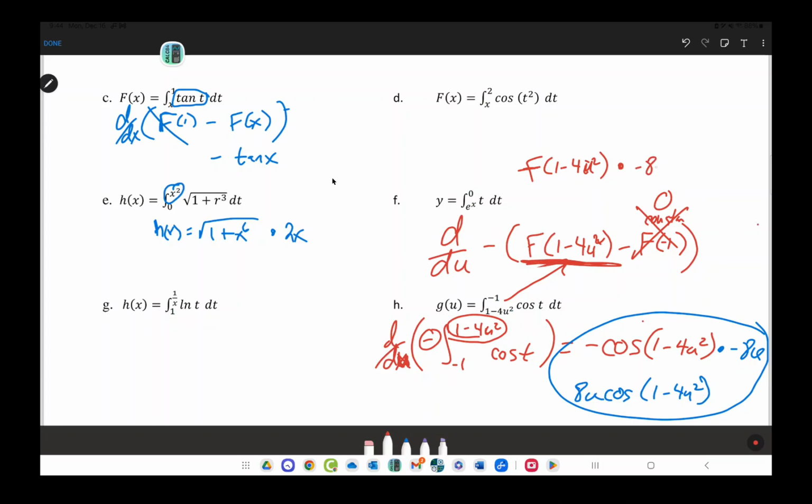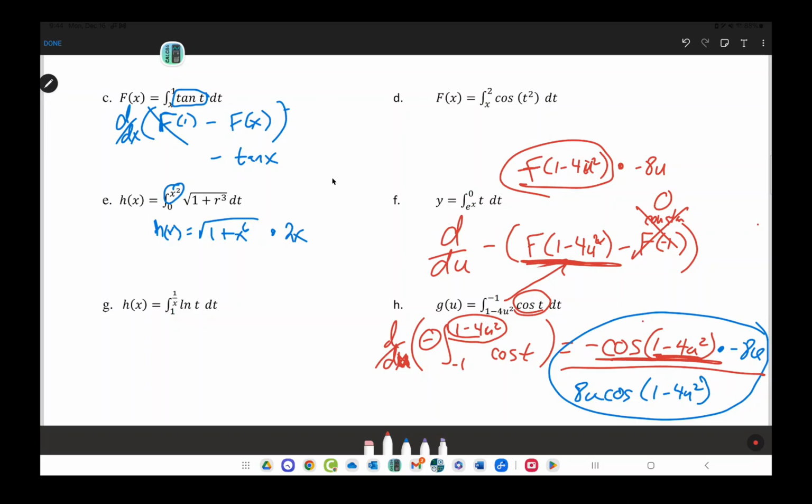Negative 8u. That's where we get this right here. So f of this is cosine of 1 minus 4u squared.